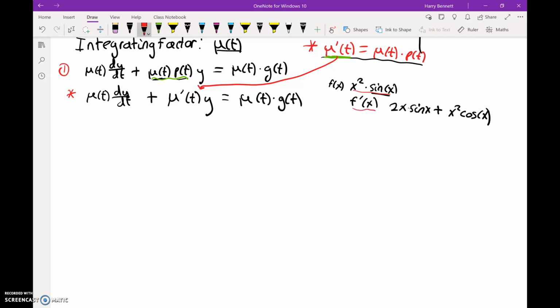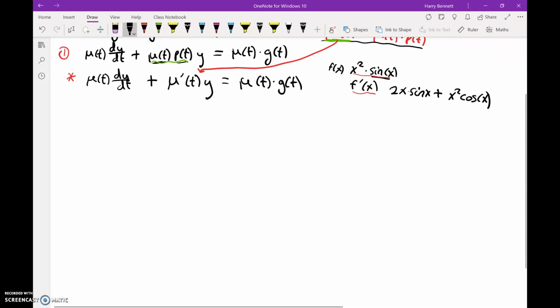If you're unfamiliar with the product rule, then I'd suggest you go and have a quick look, type in the product rule and have a go at that, okay, before we get back to here. So this equation, star, is essentially the product rule. Because if you look at the left-hand side, we can rewrite the whole left-hand side as mu of t times y, all differentiated, because these are just two functions.